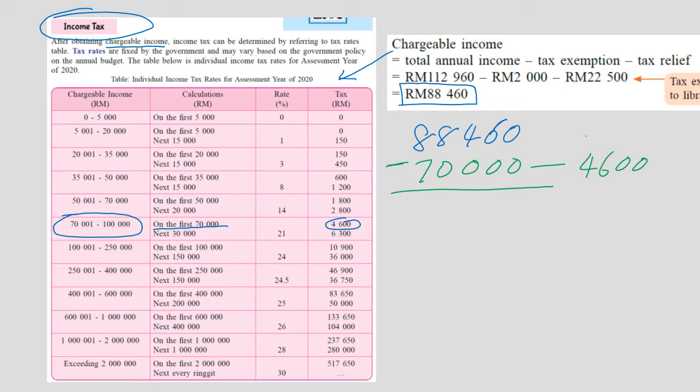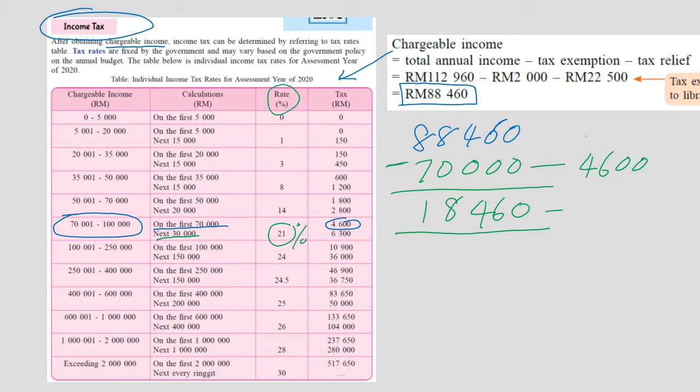When you minus, you'll get 18,460. This one is for the next 30,000. You have to calculate, the rate is 21%.